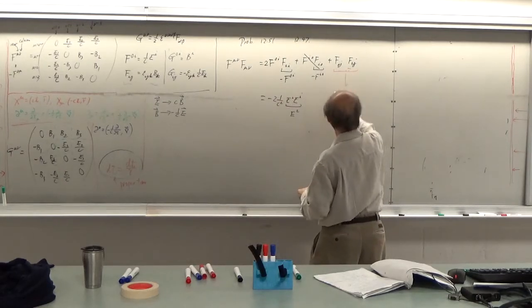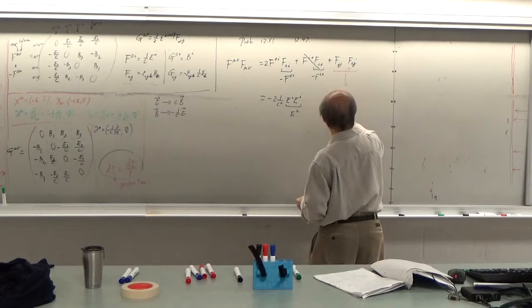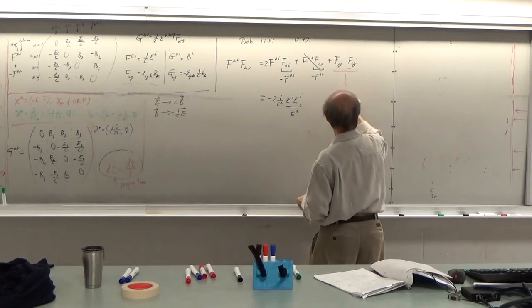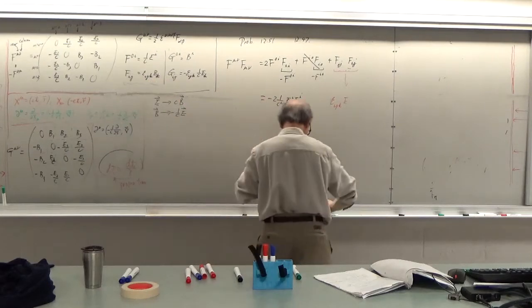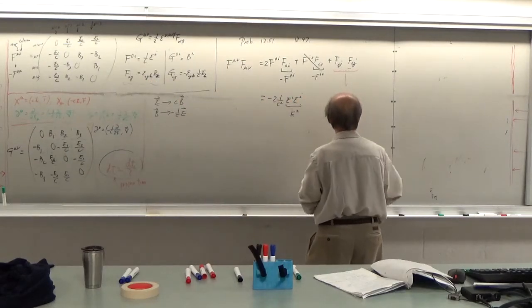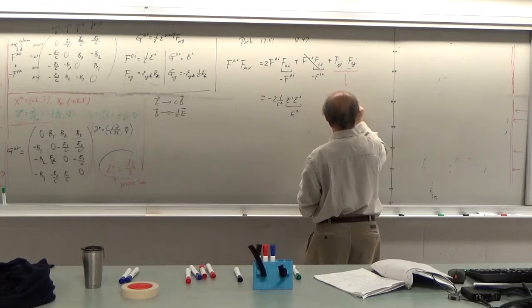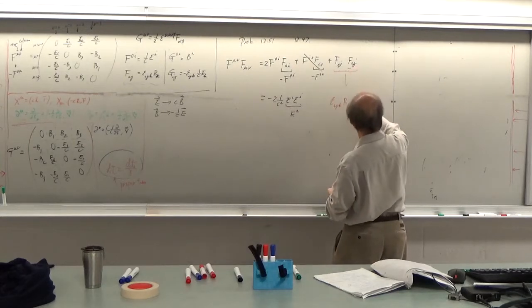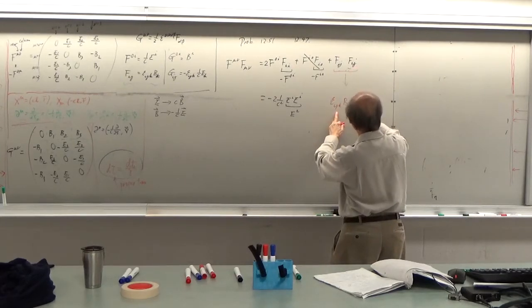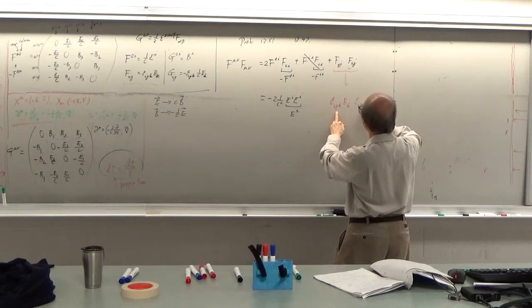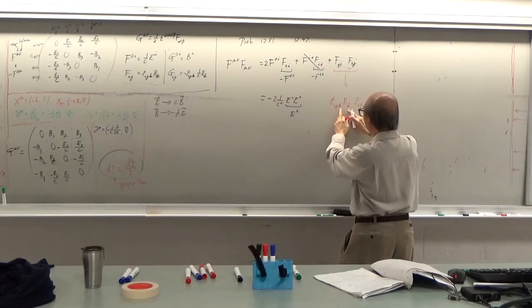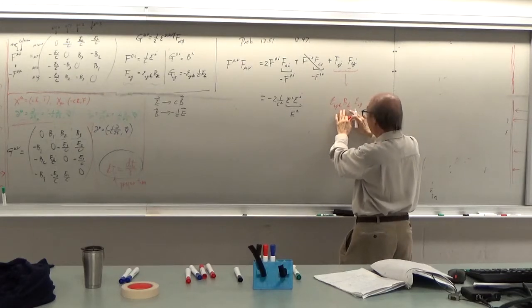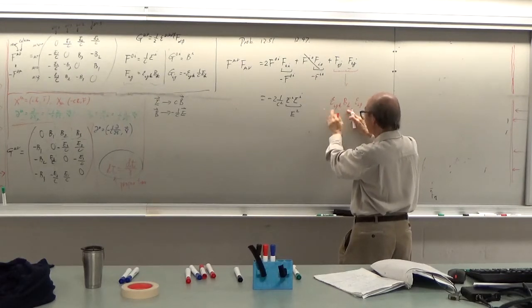So epsilon ijk, B_k. And this F is epsilon ij with indices fixed, times, since I've already used k for this part, the sum over k is understood.